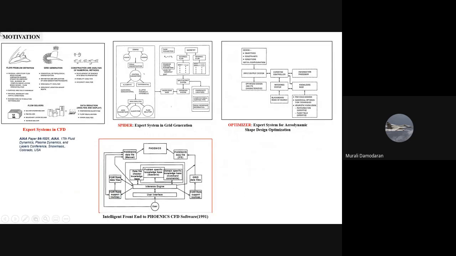So these are some of the things the report says. I want to build an expert system in CFD. I need things for mesh generation, numerical methods, and so on.